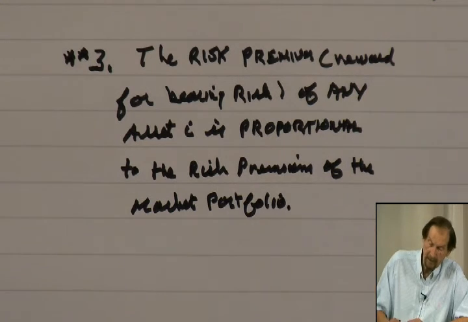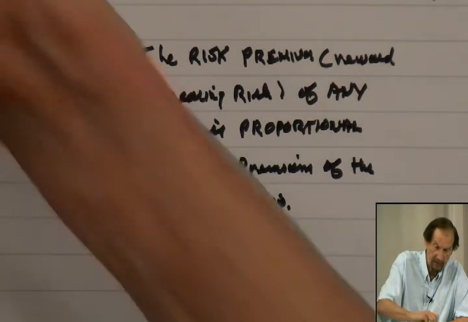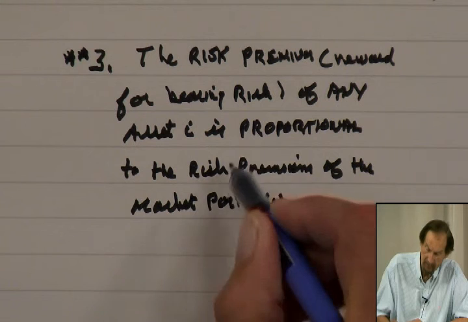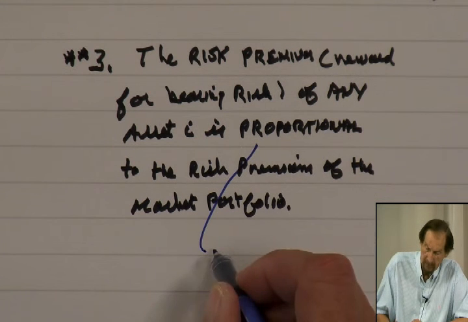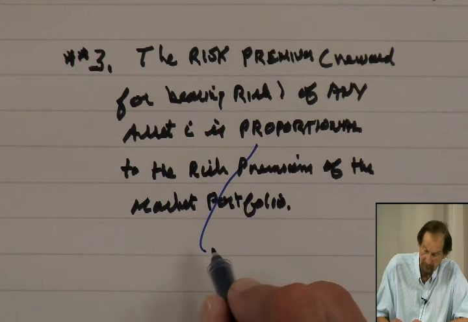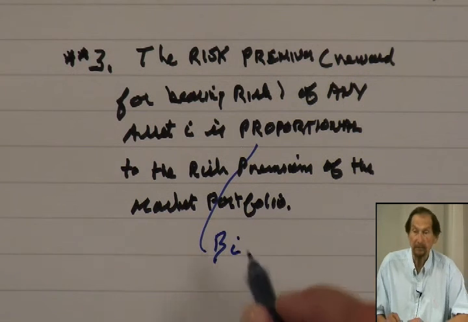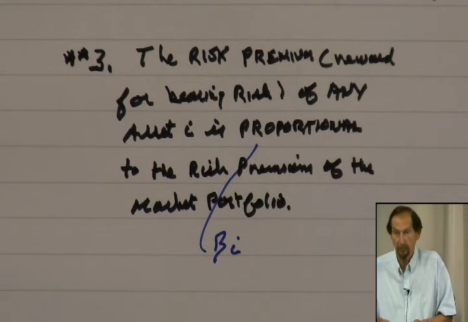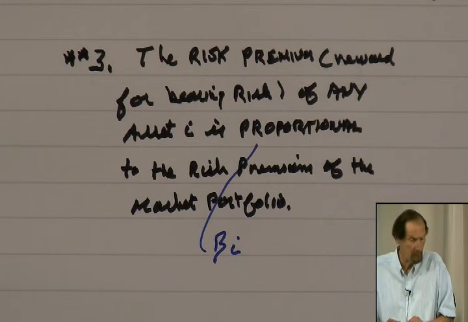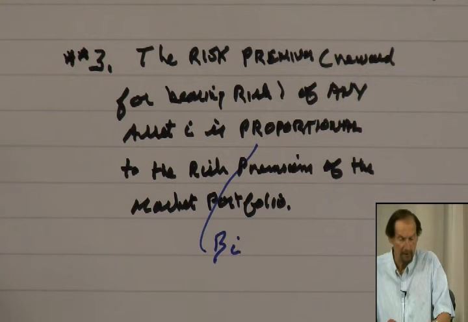And the way it's proportional, we'll see next time, is by something called a, we'll call beta i here. Okay, so that's why you hear about people purchasing betas. If you know how an asset will move relative to the market, you know a lot.